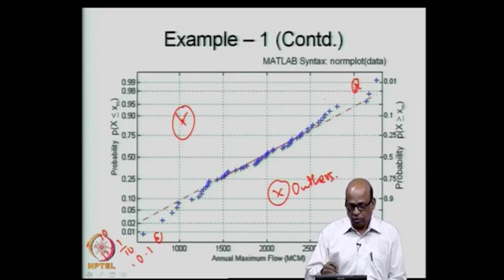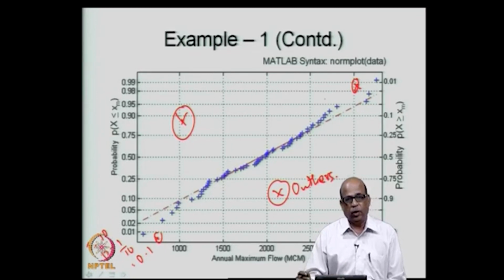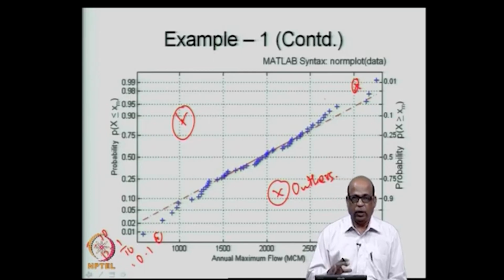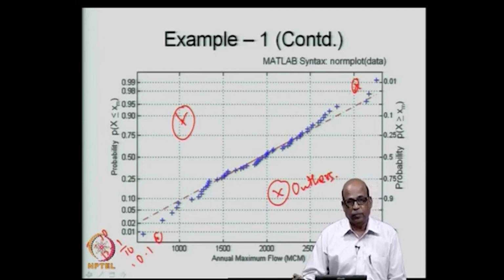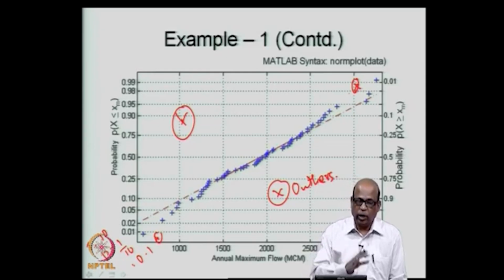You must remember that you should not simply ignore the outliers. Depending on the type of analysis and the use of this analysis that you would like to make, you may have to consider the outliers in different ways. What I mean by that is these outliers have actually occurred in the history and therefore, they are telling you some story, they are giving you some information, and this information cannot be simply ignored.